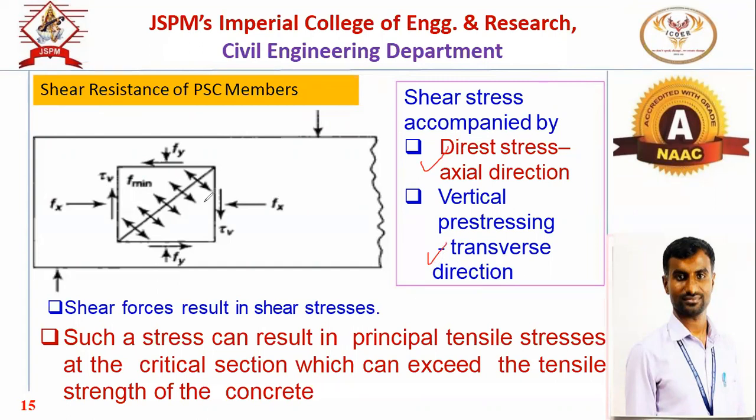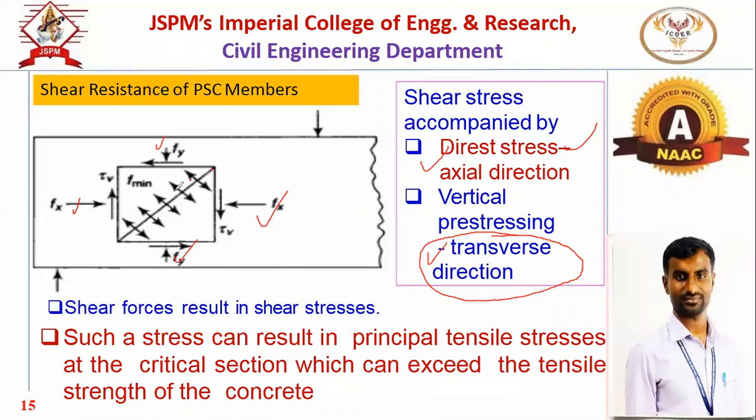Means for a section in a pre-stressed member, shear stress will be developed, and that will be due to direct stress accompanied by the vertical pre-stressing in the transverse direction. These are the normal stresses accompanied by the vertical pre-stressing in the transverse direction.